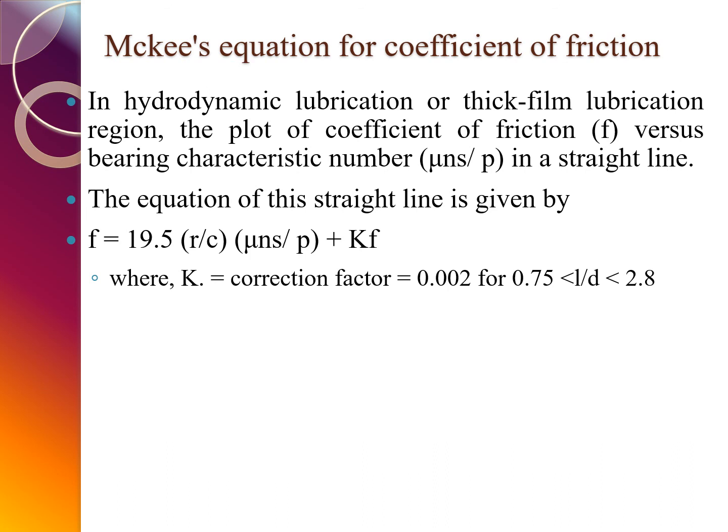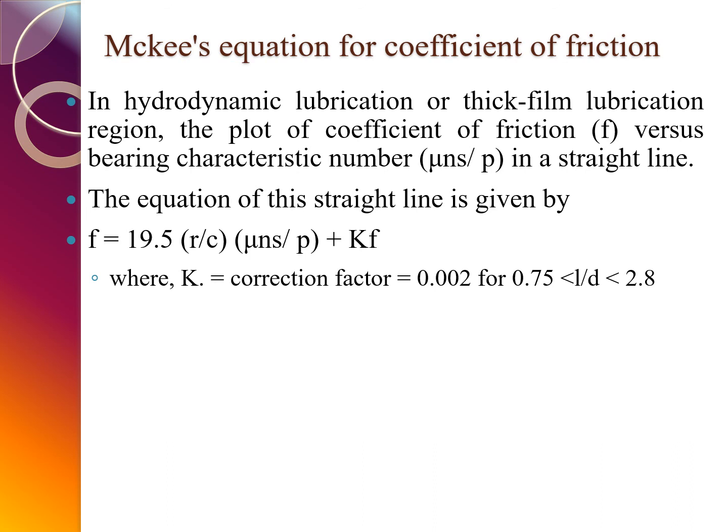In that, on the y-axis coefficient of friction values are plotted, and on the x-axis μNs/p, that is the bearing characteristic number, is plotted. The first region is known as thin film lubrication, the second region is known as mixed lubrication, and the last region is known as hydrodynamic or thick film lubrication. In the last region, the curve appears as a straight line.